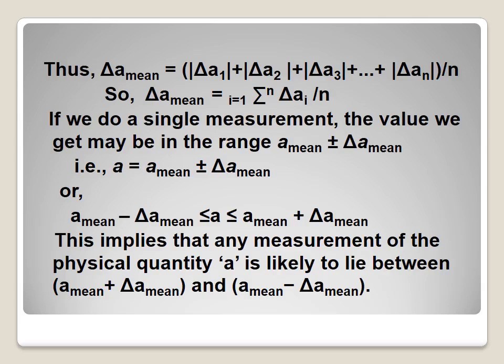This shows that A is greater than or equal to A mean minus delta A mean, but A is less than or equal to A mean plus delta A mean. This implies that any measurement of the physical quantity A is likely to lie between A mean plus delta A mean and A mean minus delta A mean.